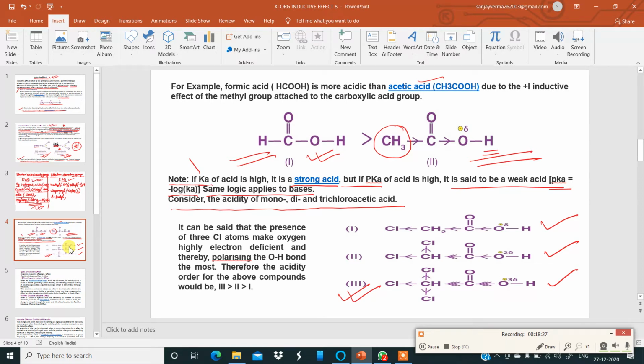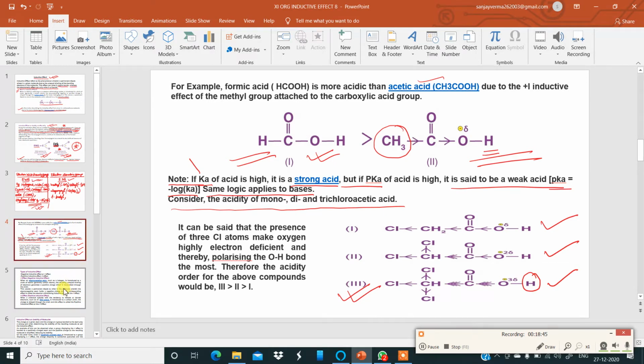It is pulling all the electrons and making the availability of this hydrogen as proton easiest. That is why trichloroacetic acid is the strongest acid among these mono, di and trichloroacetic acids.